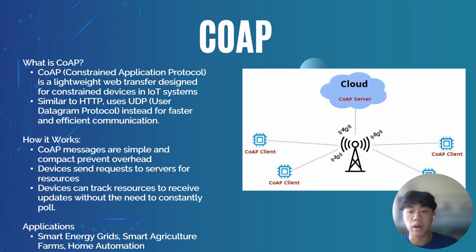The way CoAP works is that devices send compact messages to request or subscribe to updates from servers. This will avoid constant polling and reduce data overhead. CoAP is mainly used in industrial areas, for example, our smart energy grids that monitor power distribution, and not only that, our smart agriculture farms.